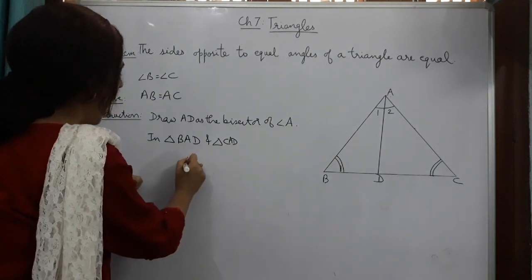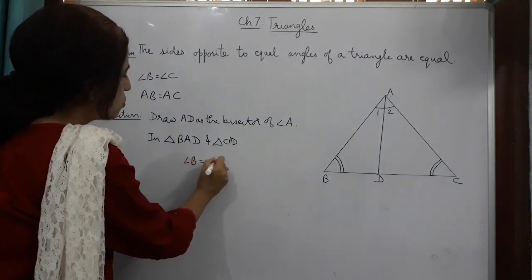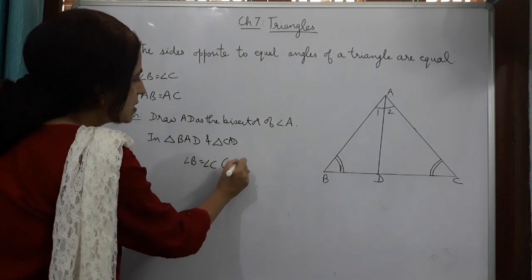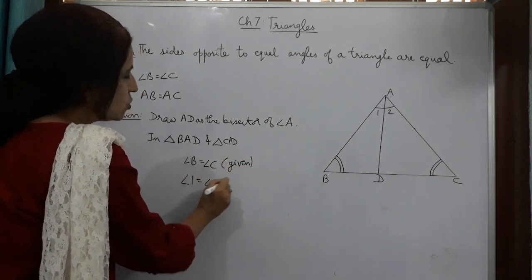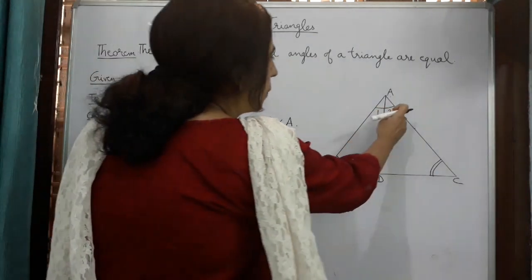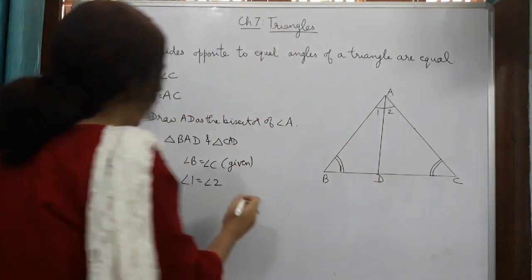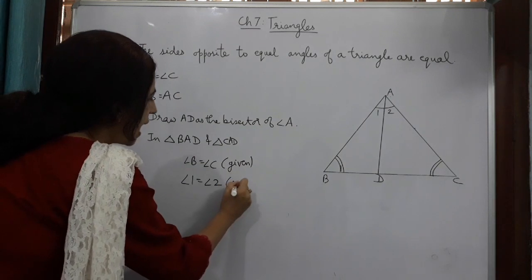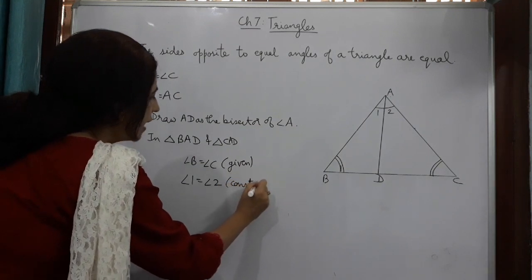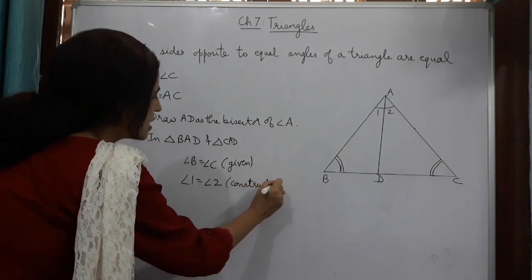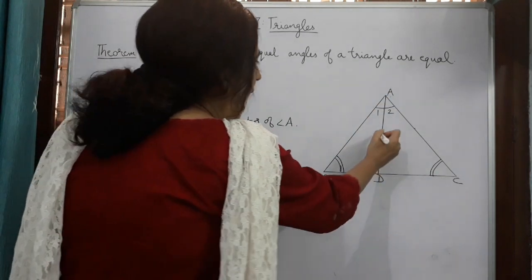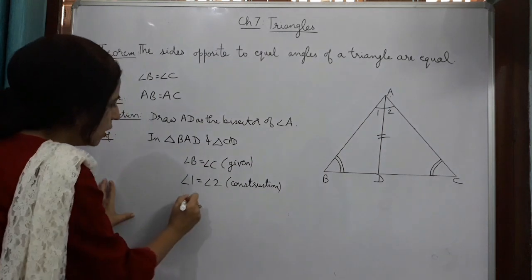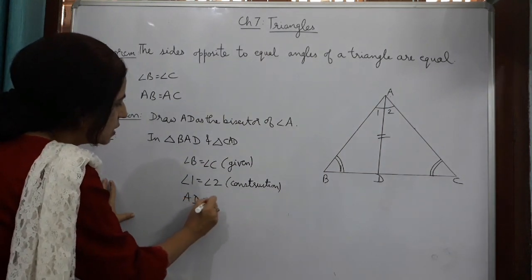Over here, angle B is equal to angle C. This is given to us. Angle 1 is equal to angle 2 because this is the construction which we have done, since AD is the bisector of angle A. And AD is equal to AD. It is the common side.